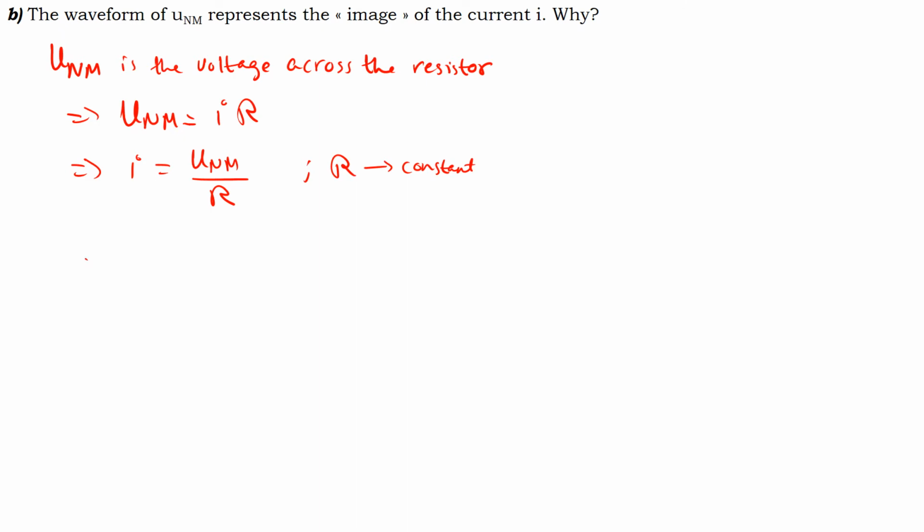So we can say that the curve of UNM represents the image of I. So we're done with part B.